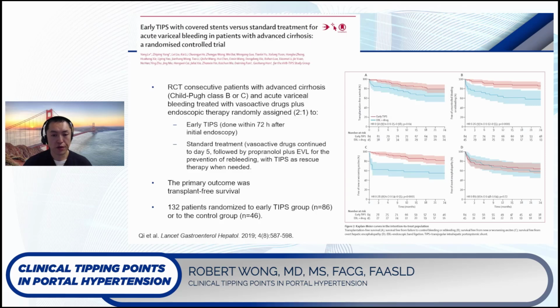And the key point here is that those populations that underwent early TIPS had significantly better outcomes with respect to survival, recurrent uncontrolled bleeding, as well as worsening ascites. And there was no difference in hepatic encephalopathy, at least in this specific study.